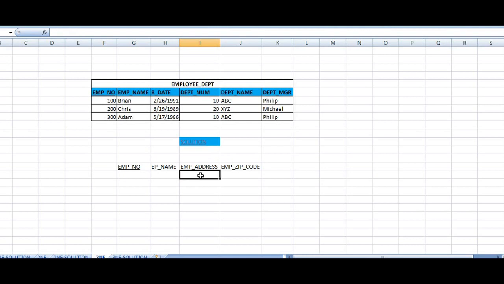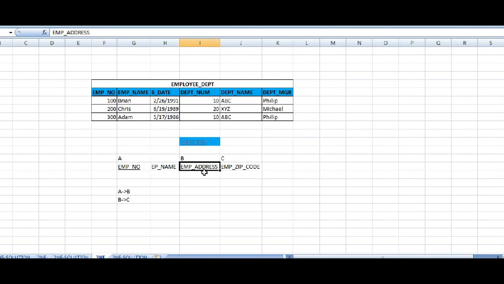If you mark it as A, if you mark it as B, and if you mark it as C, then in technical terms you can say A → B, then B → C. It means that B can be functionally determined by A, means employee address can be functionally determined by employee number, and C means employee zip code can be functionally determined by employee address, and B should not be a primary key.